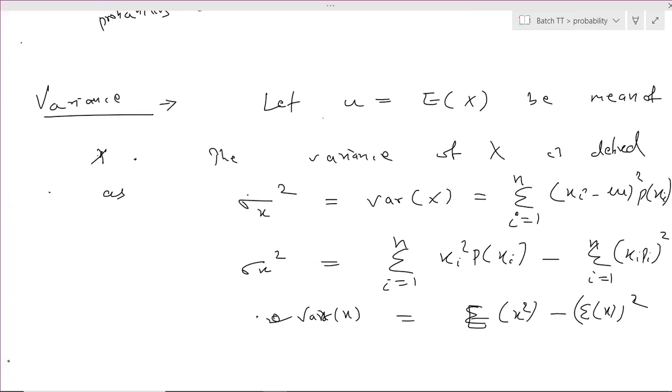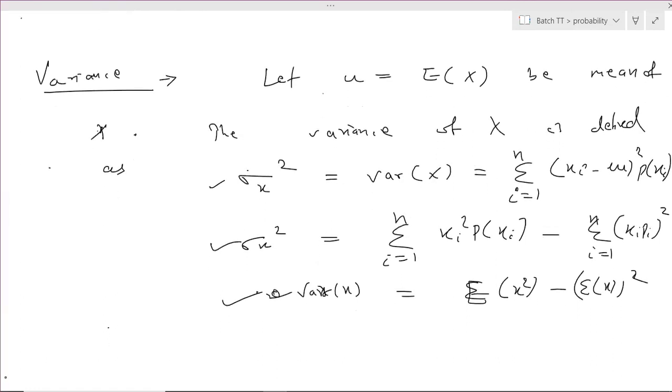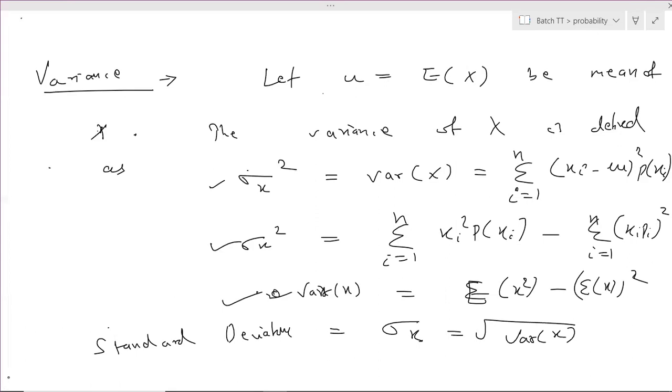Please note down this formula. This is very important. We hardly use this formula. All right, note down. I'll explain by an example. And there is standard deviation also, which is sigma x, so under root of variance. Please note it down.